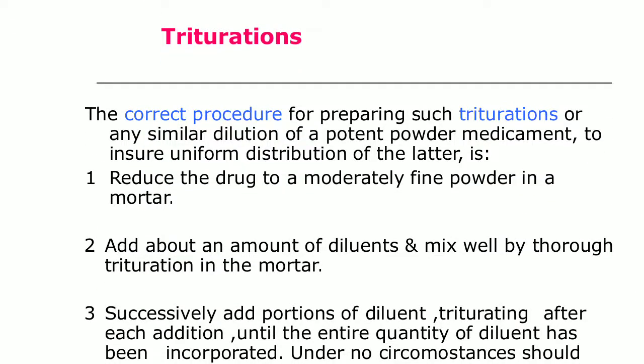The correct procedure for preparing such triturations, or any similar dilutions of a potent powdered medicament, to ensure uniform distribution of the latter is as follows. First, reduce the drug to a moderately fine powder in a mortar. Next, add about an equal amount of diluent and mix well by thorough trituration in the mortar.